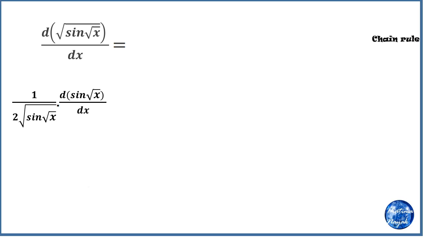Next we'll think of what will be the sine under root x derivative. There again you will consider sine as outer function and under root x as inner function. So it will be 1 by 2 under root sine under root x, which we have already done, and sine under root x will be cos under root x multiplies the inner function d under root x dx. If we cannot understand, please write down in a copy, stepwise you can follow.